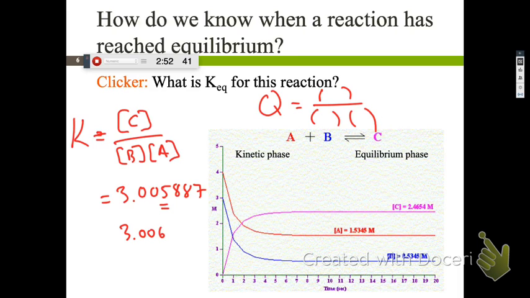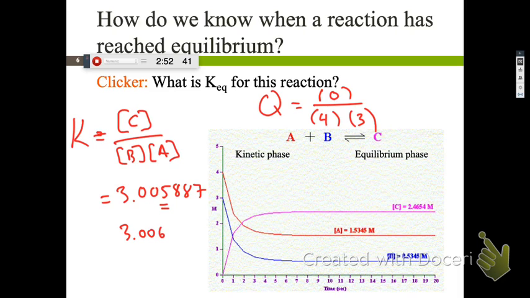So what's the concentration of C at time 0? 0. So it's 0 over, and then we have 4 for A, 3 for B molarity. So is that number really big or really small? If you have 0 on the bottom, do you consider that number really small or really big?